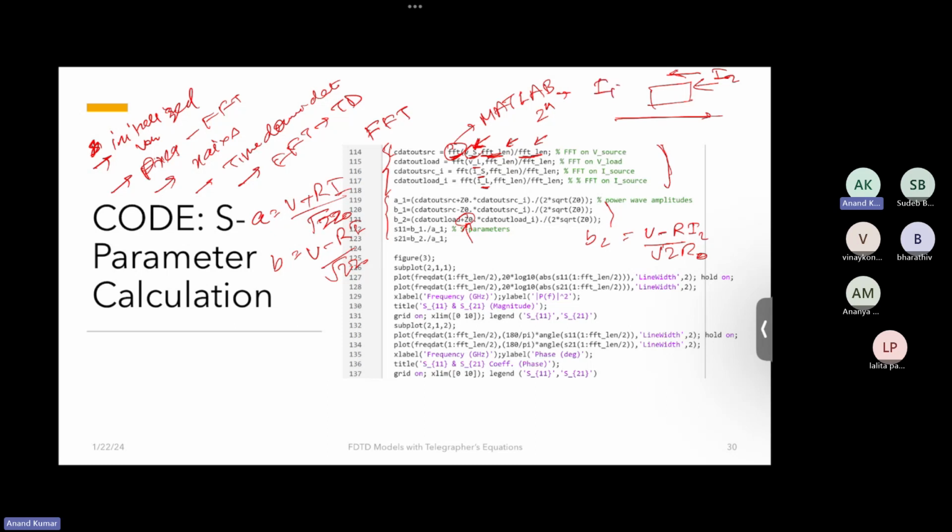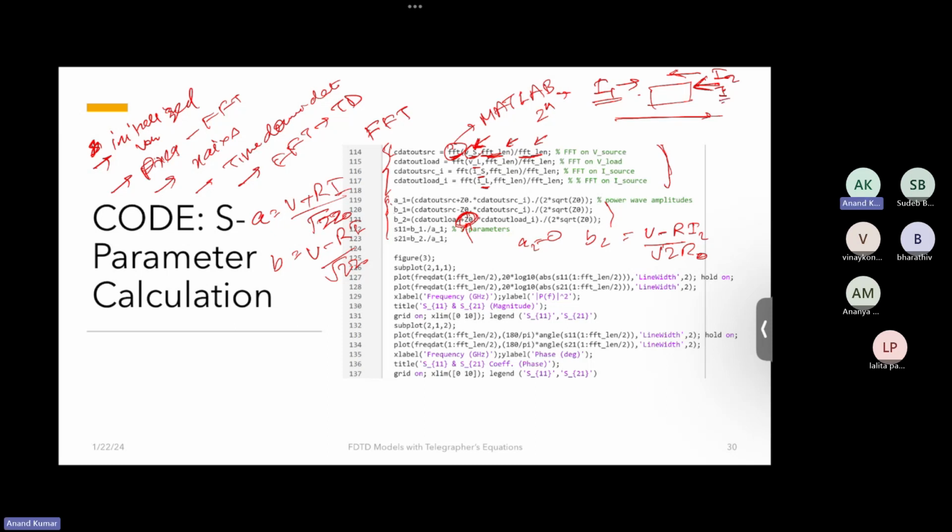So I1's direction was all right, but I2's direction was the opposite. So we just change the symbol over here. So we have calculated A1, B1, B2, and your A2 will be equal to 0 because we do not have any source at port 2.